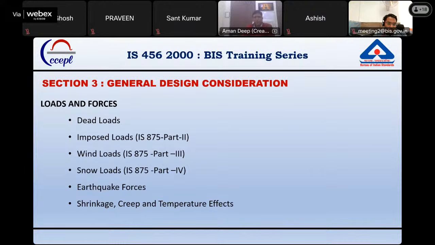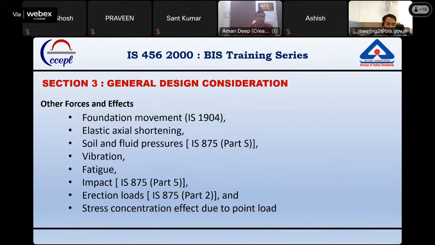And then we have some special loads and other criteria in IS 875 Part 5. Earthquake forces we have to calculate as per IS 1893. For general design considerations for forces and effects, the foundation movements we can consider as per IS 1904, and all these criteria given in different parts of the different IS codes we can consider.